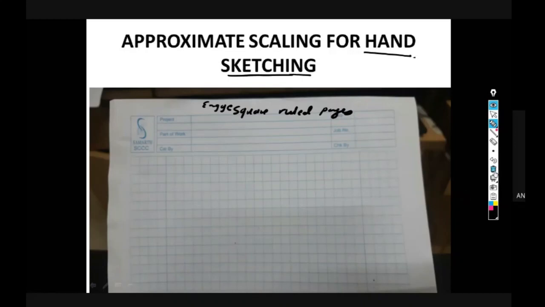Those who are not really comfortable with plain paper only, I would suggest using these square rule pages, because all practicing engineers are using these kinds of pages. The purpose of this is you get a reference while drawing.